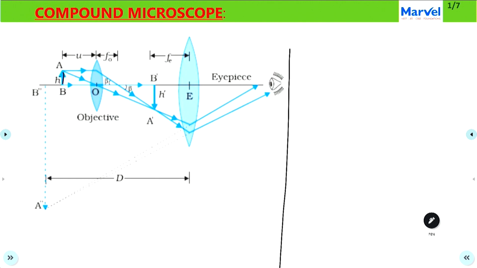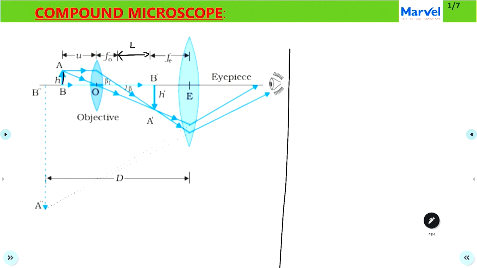This is nothing but L. L is the length of the microscope. You would have seen the length of the tube that moves down and up in order to focus the slide that you keep underneath. That length of the microscope L should definitely be greater than F0 and Fe.